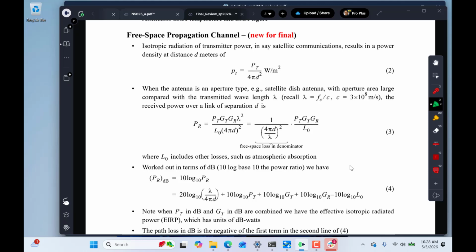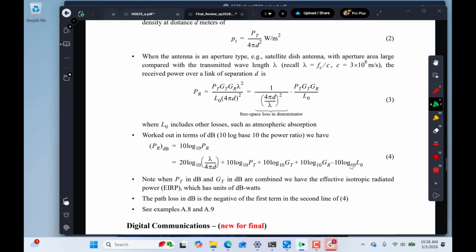So I just wrote this out again in these notes differently than it's maybe written out in the chapter Appendix A notes, but it just lets you see how you can do it in dB.